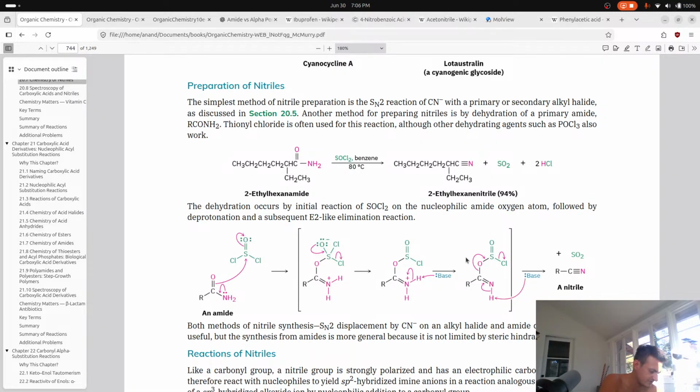So the mechanism is we have some primary amide. Then we have S single bond Cl, Cl, O. So this is the thionyl chloride.